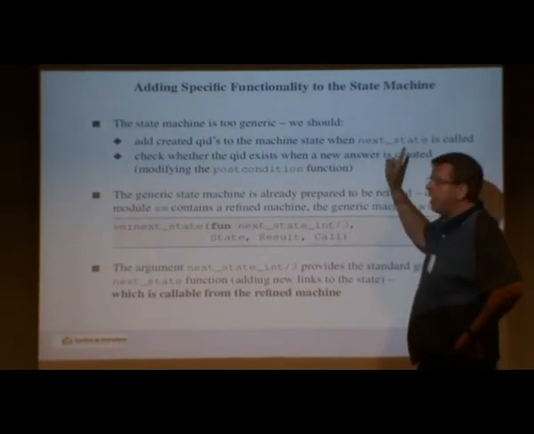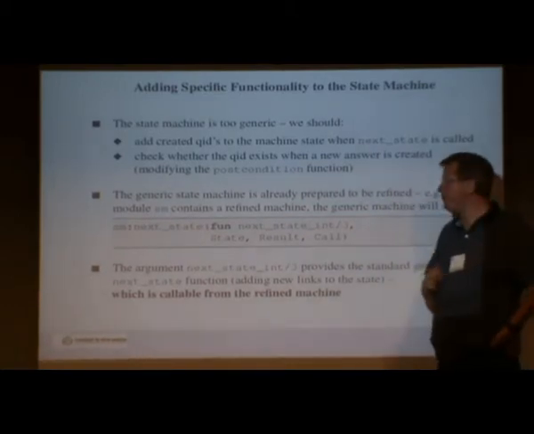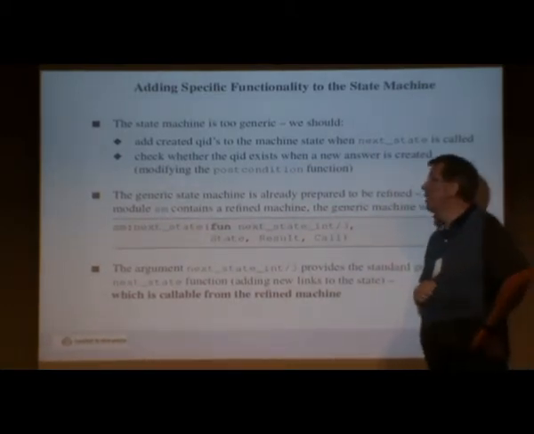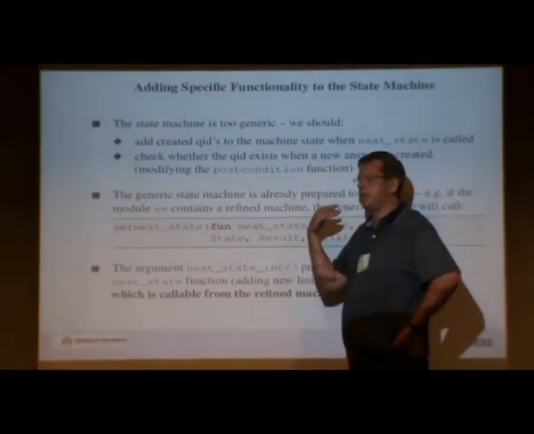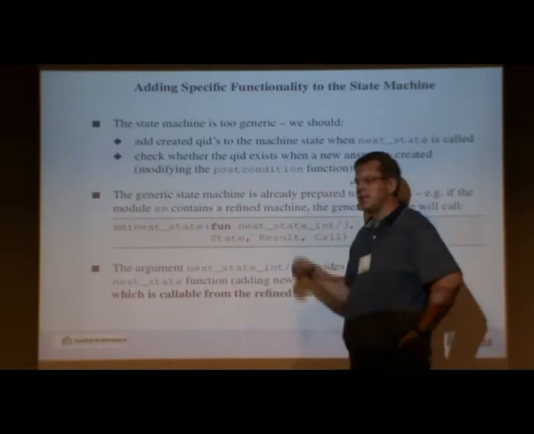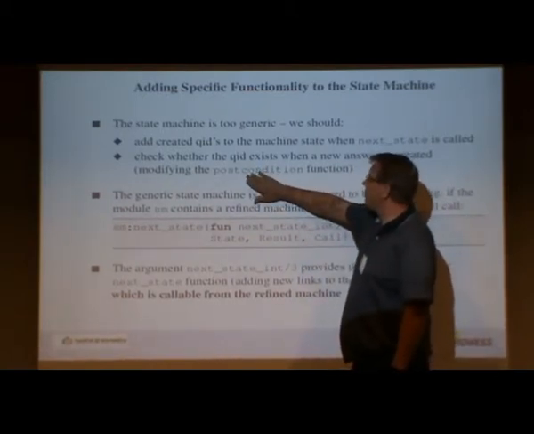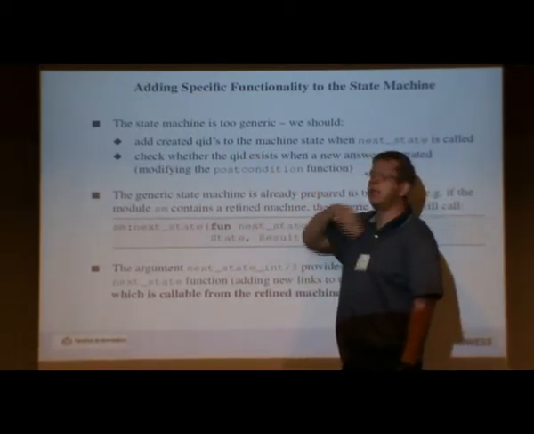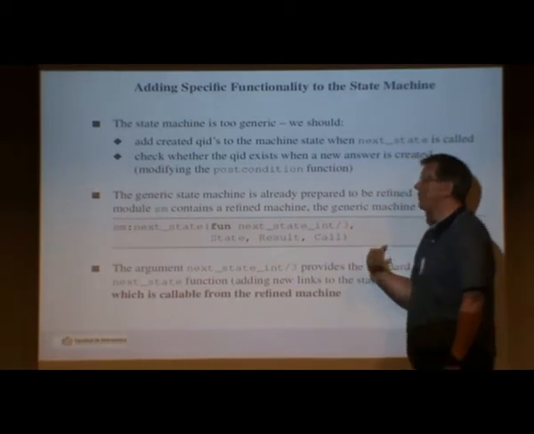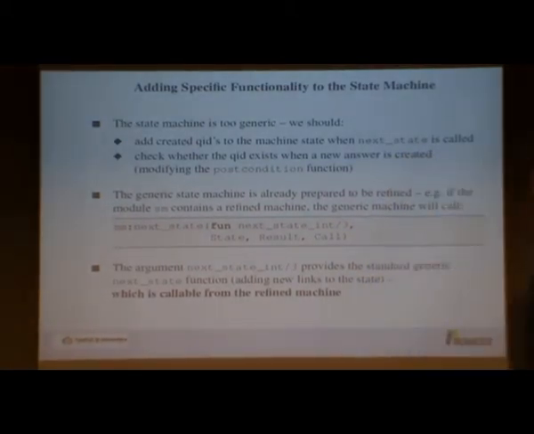So technically, in the next state function, we should probably add the QID to the state machine state. And when we do an operation that references that QID, for instance adding an answer, we probably have to check in the post condition whether the QID we generate already exists or not, and in that way be able to handle errors, to expect errors.